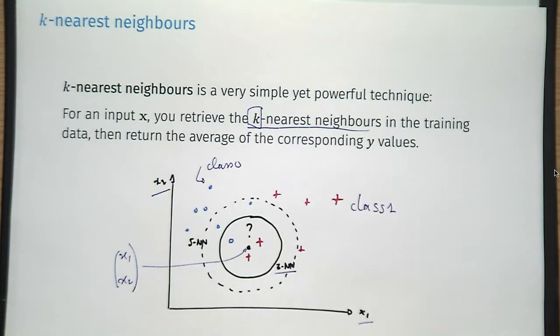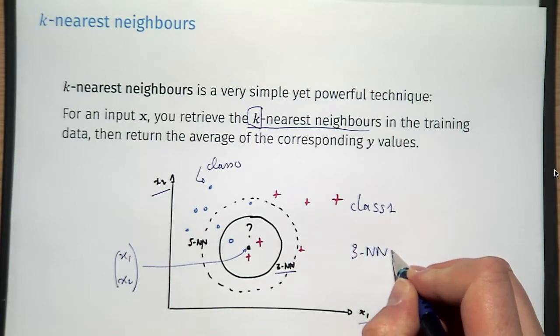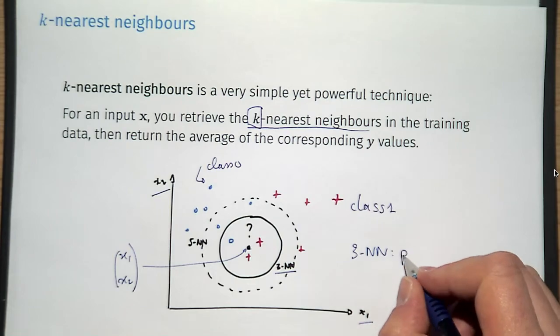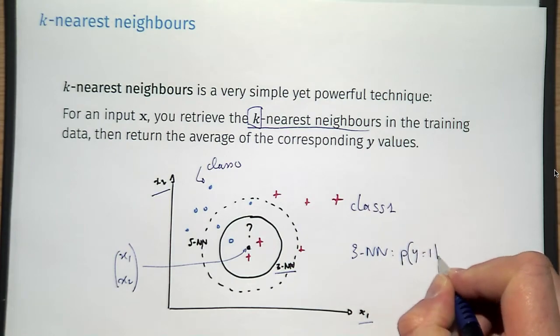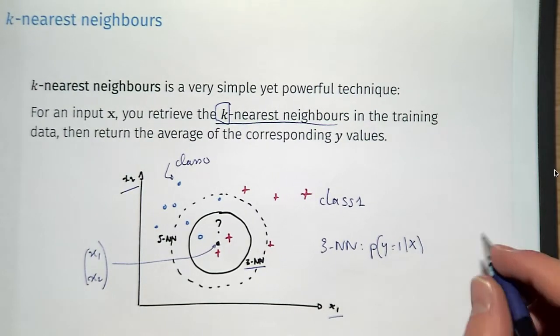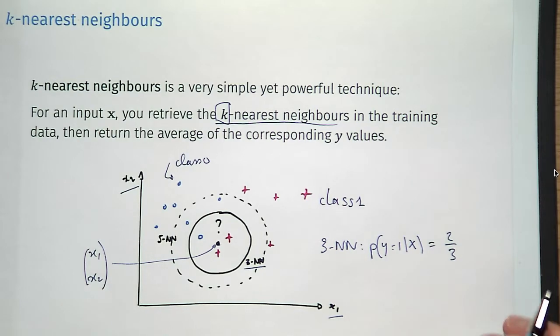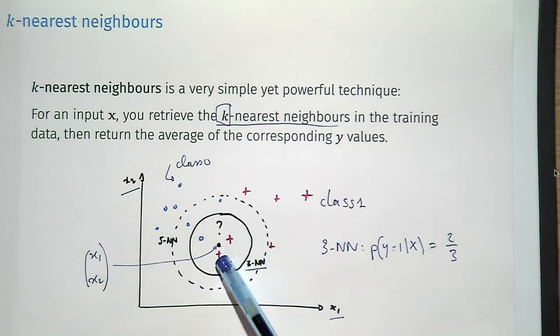So the probability that the outcome is 1 given your input is 2/3. Okay? Just because you count, you have 2 of class 1 and 1 of class 0.